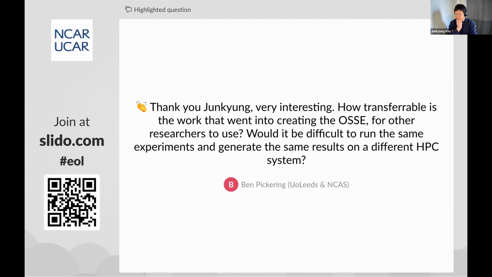The most important thing is which observation data set and data assimilation system I use.